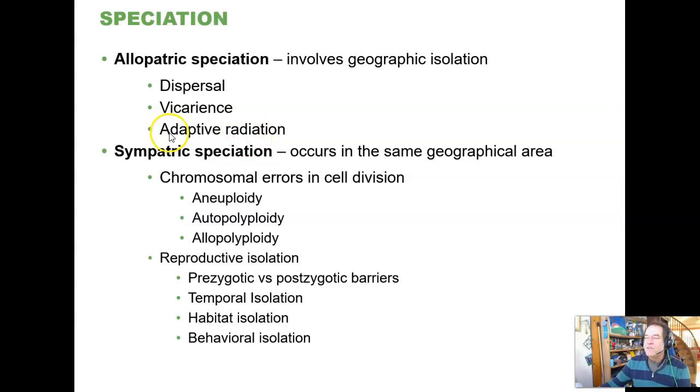And the species that do that have adaptively radiated into that new opportunity. Birds and mammals took over all the roles that dinosaurs once played in the ecology that they lived in. That is an adaptive radiation event.